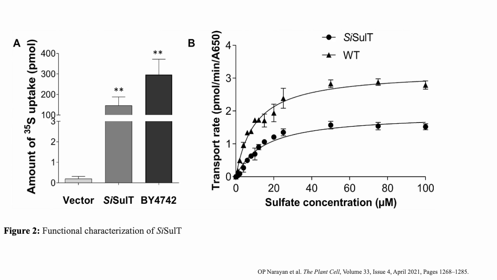Sulfate uptake in both strains followed typical Michaelis-Menten kinetics with an apparent Km of around 15 micromolar and Vmax of around 1.92 picomole per minute per OD at 650 for HK14 transformed with SiSLT, and a Km of 8.2 micromolar and Vmax of 3.2 picomole per minute per OD at 650 for BY4742.